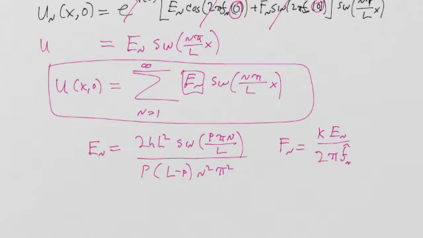First, using the expression we derived from the fact that the string was motionless, there is a relationship between Fn and En, and that relationship is that Fn is proportional to En, and the proportionality factor is k over 2 pi Fn. But notice this proportionality factor is not constant for every harmonic.